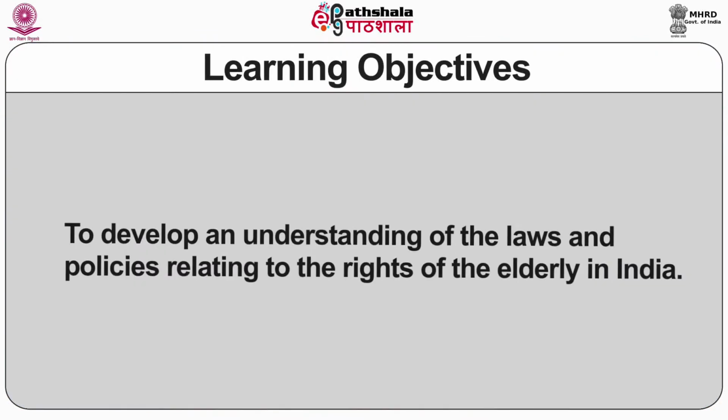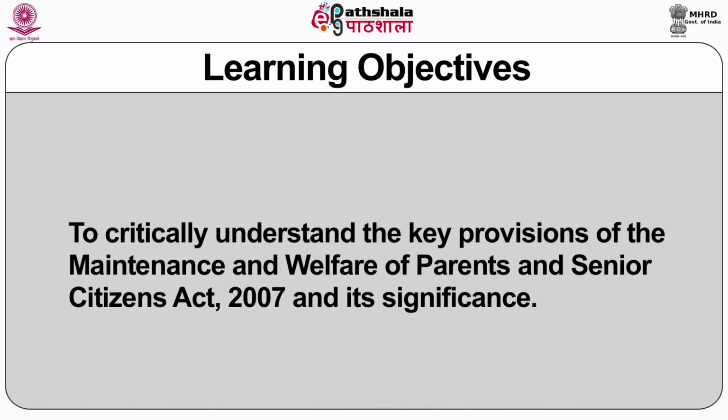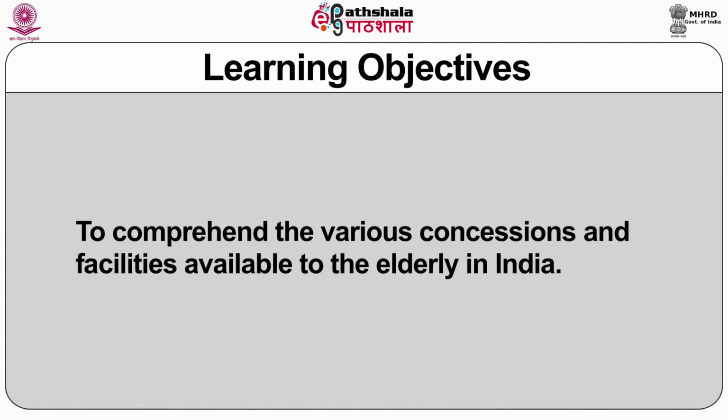The intended learning outcomes: to develop an understanding of the laws and policies relating to the rights of the elderly in India; second, to critically understand the key provisions of the Maintenance and Welfare of Parents and Senior Citizens Act 2007 and its significance; to comprehend the various concessions and facilities available to the elderly in India.